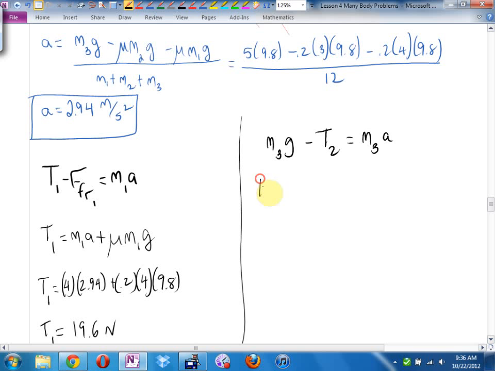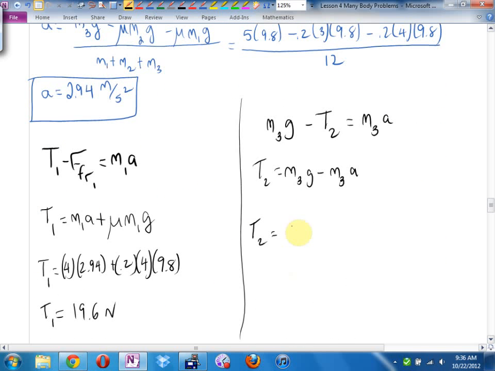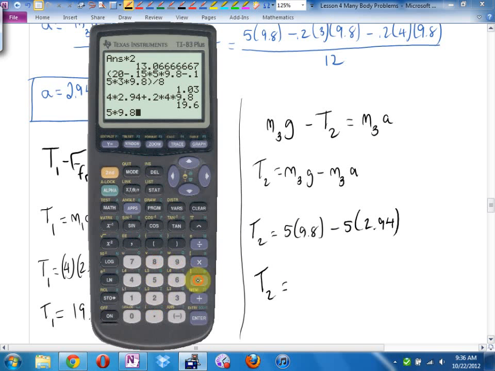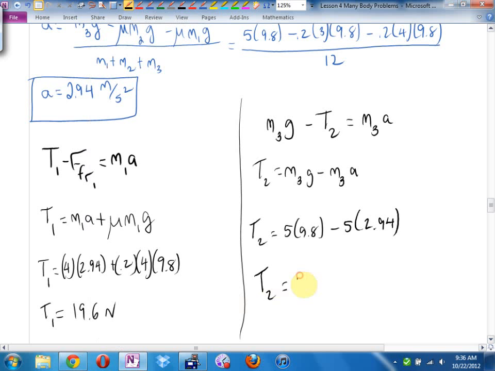Tension 2 equals M3G minus M3A. What was mass 3? 5 times 9.8 minus 5 times 2.94. And I get 34.3 newtons.